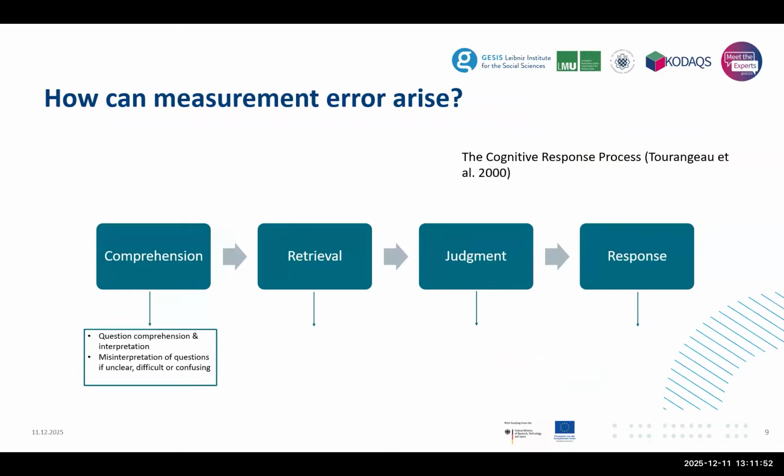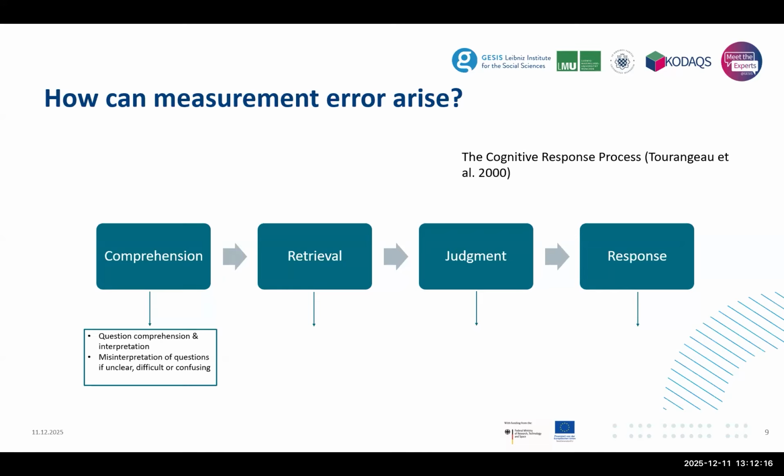That means how the respondent comprehends and interprets the question, what is needed from him, what the question asks about. If questions are complex or ambiguously worded, there can be a misinterpretation. They can remain unclear to the respondent, and this can lead to measurement error.